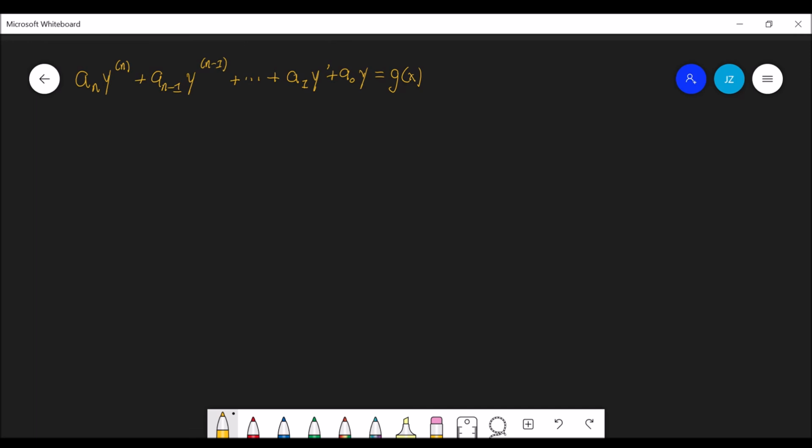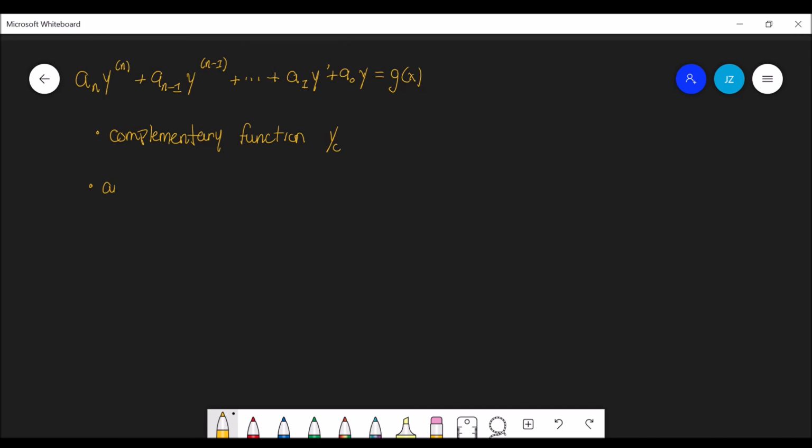So recall, to solve an equation of this form, we must first find the complementary function y sub c. And this is done using the techniques of the previous lesson.